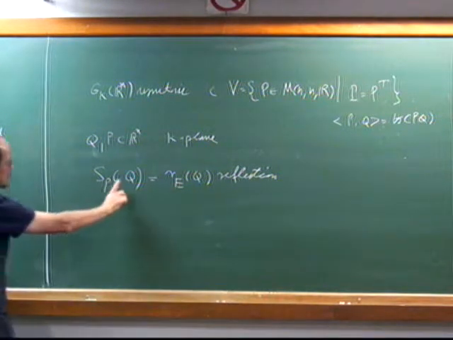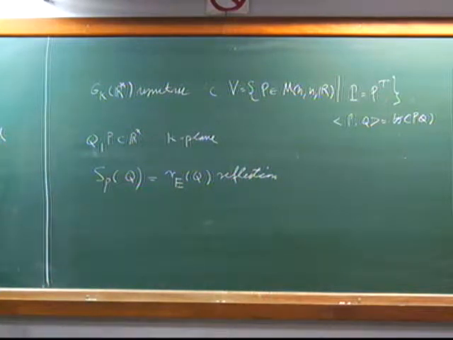So for each vector, just send it into that reflected vector. That gives you another plane, and that's a symmetry. We showed that's an isometry. It's a symmetry in the sense that it's a symmetric space.